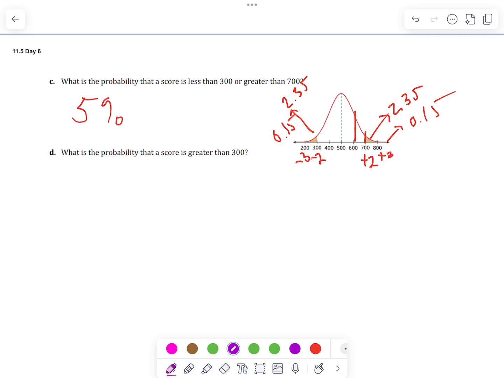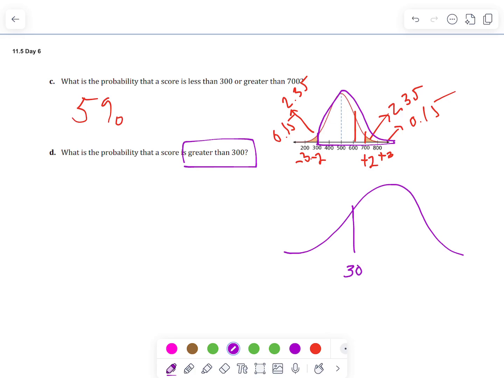And I'm just going to use that same image to go greater than 300. So greater than 300 is all of this. One thing you can do is take the complement. If I look at that bell curve, here's 300, and we want the more than.